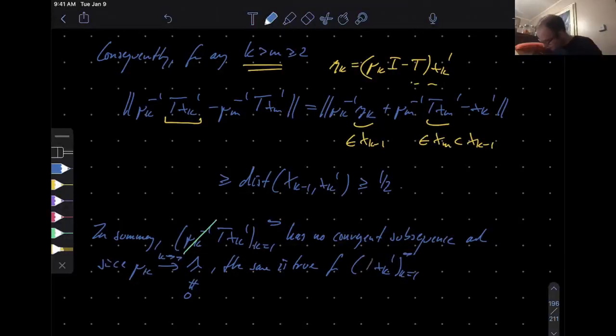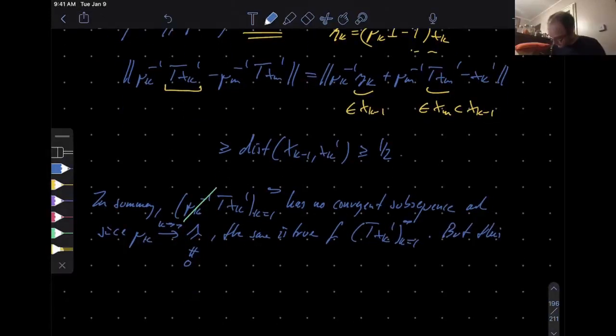But that is a contradiction to the compactness of T, given that the sequence of the x_k', which are normalized to 1, is a bounded sequence. Okay?